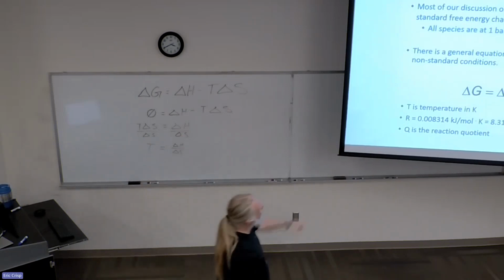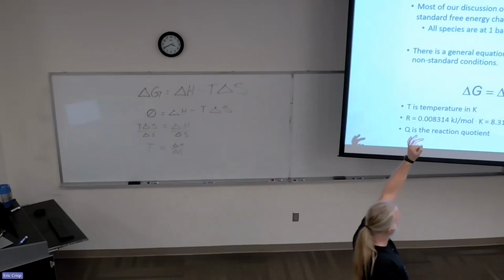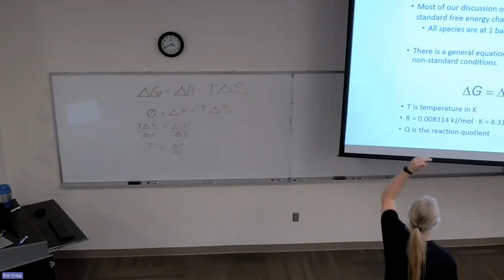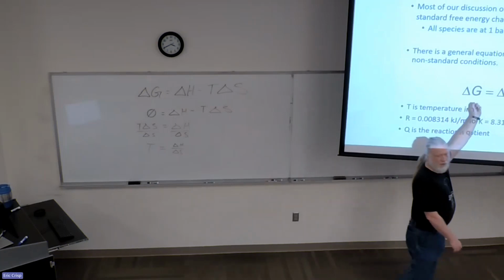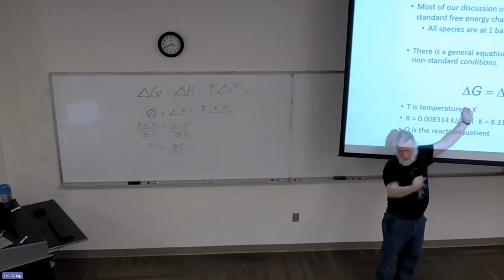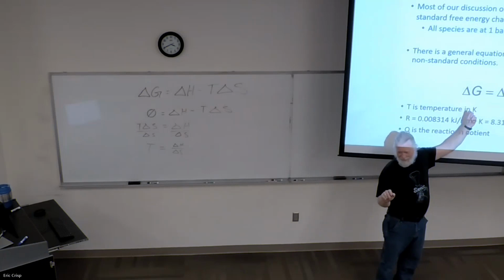So now, if the delta G superscript 0 means 1 bar pressure, 1 molar concentration, 25 C, now I can define a more general delta G of any reaction. Or not any.